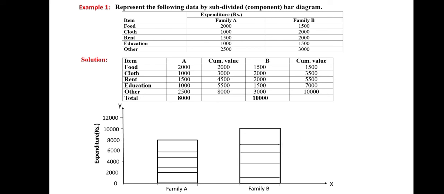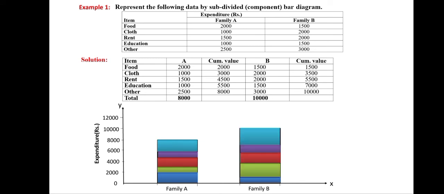Now to make the difference between all these components, that is food, rent, education and others, we will color them or we can shade them. So here food is denoted by blue color, cloth is denoted by green, and rent is denoted by red color.